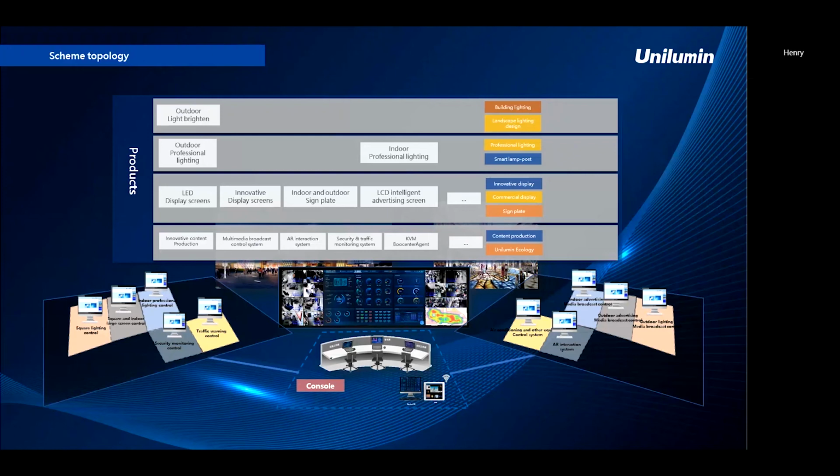And we will provide a control and management system. And then we can also offer content production to build a Unilumin ecology. All of these things are not new, but the result is the unity of effect.